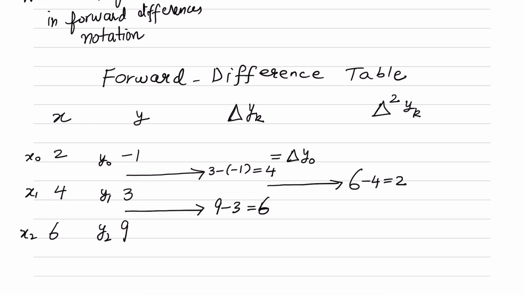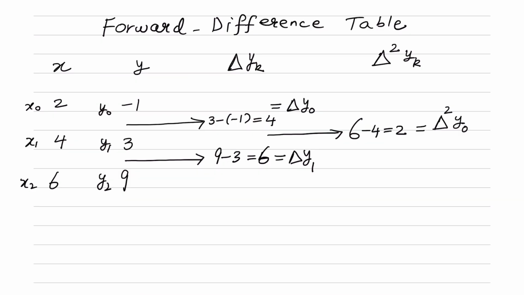It's the notation for this difference. The next value in the forward yk column is forward y1. And in the forward square yk column, the value 6 minus 4, which is 2, is named forward square y0. So we have constructed a forward differences table and we have also named the values in this table.